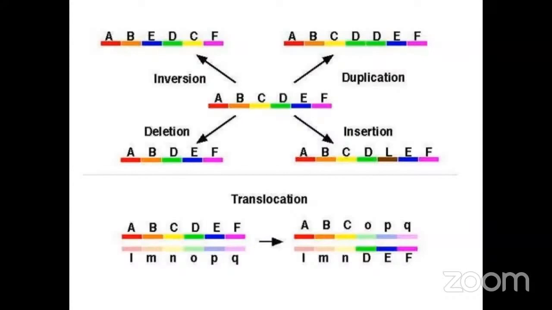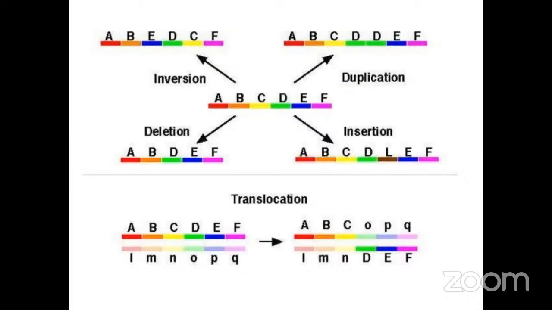Whereas translocation happens between two non-homologous chromosomes. Here we can see there is an exchange of genetic material between two non-homologous chromosomes. That's why the gene sequence has changed. The constitution of a chromosome has been changed.